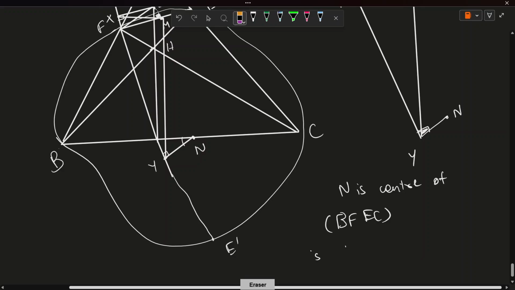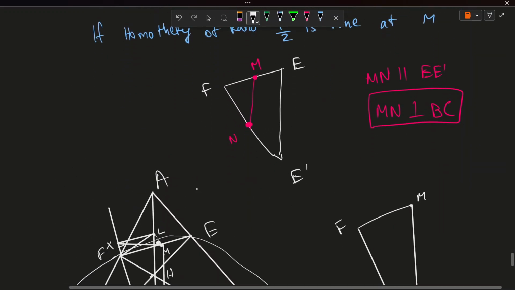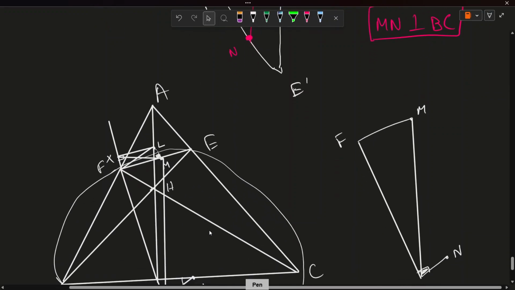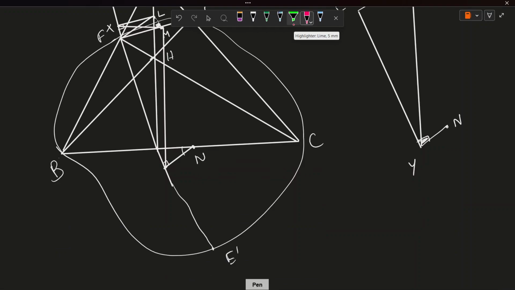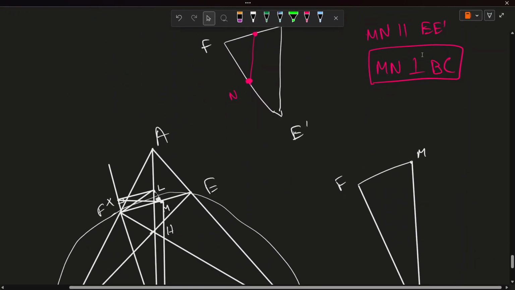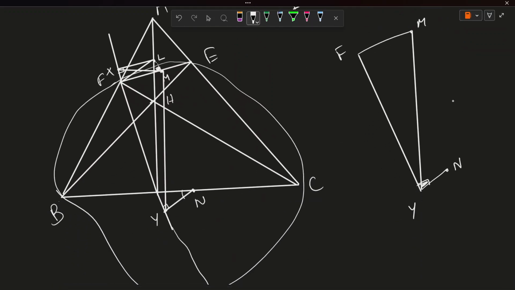By the same homothety condition, let me show it to you. Note that our point Y corresponds to this N. Basically this Y is that N in the previous diagram. So what we just proved is that MN is perpendicular to BC, so MY should be perpendicular to BC.